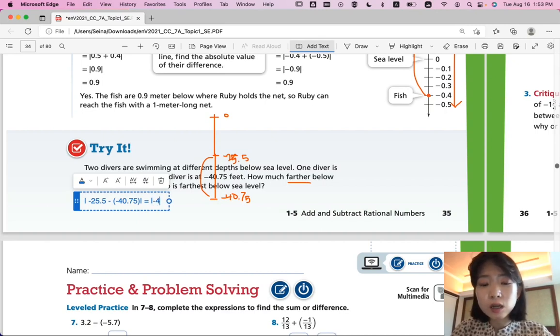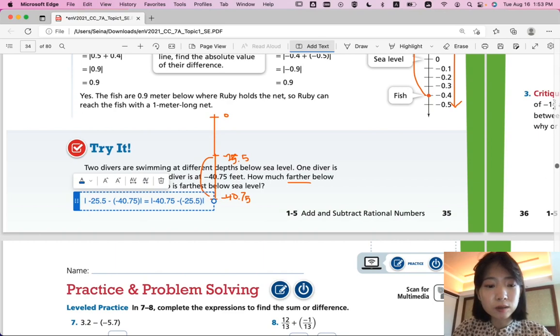So you can solve this inside and you can use the commutative property to change their order, and you're going to get negative 40.75 minus negative 25.5.